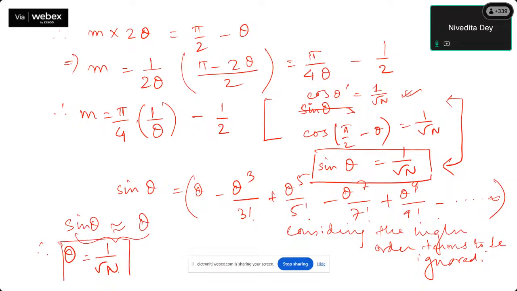Now if you substitute this in this place, what will you get? We'll get m equal to pi by 4 into 1 by theta, which is root n, minus half. Now half is a constant, pi by 4 is nothing but 45 degrees, a constant.